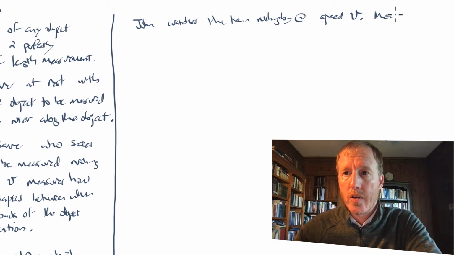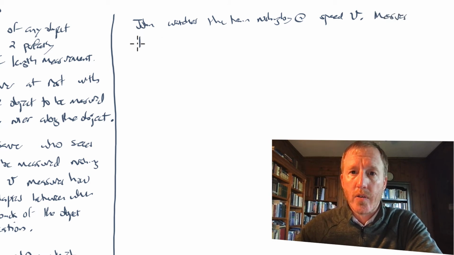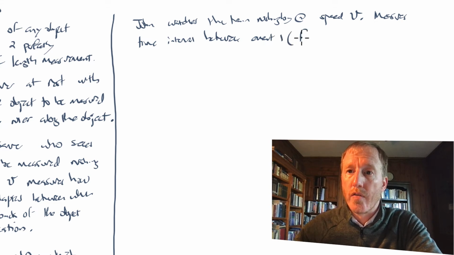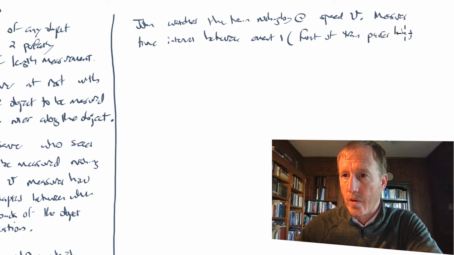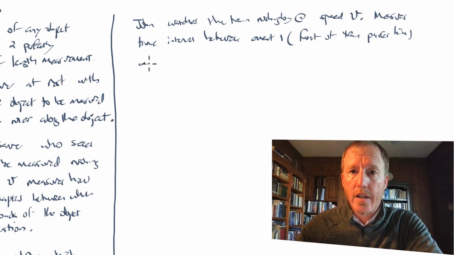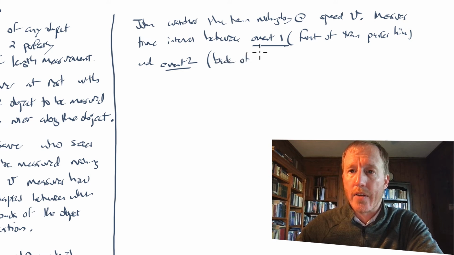So he measures the time interval between event 1, which is the front of the train passes him. Sorry, my handwriting is not great here. And so that's event 1, and event 2 would be the back of the train passes him, or passes his location.